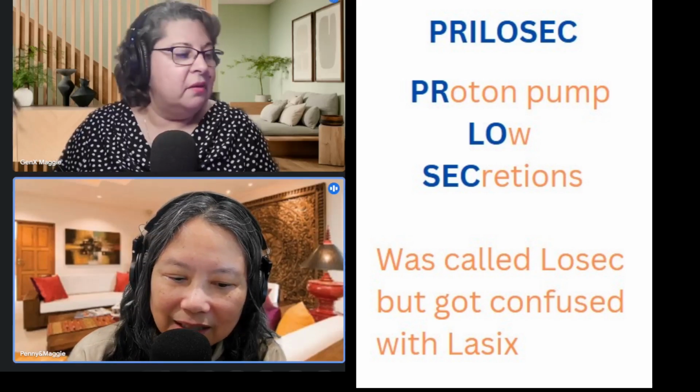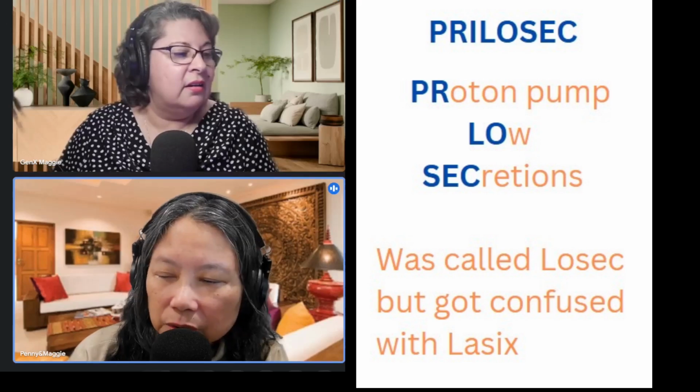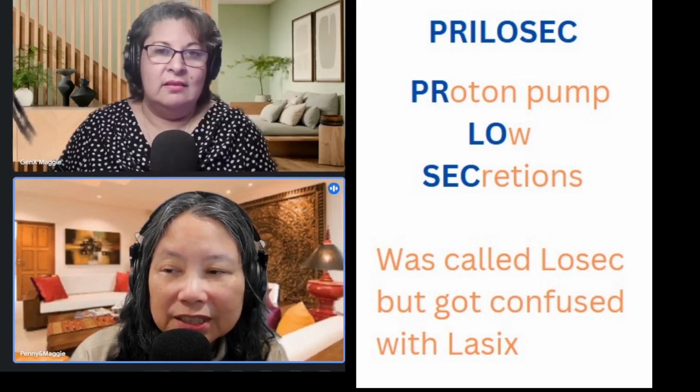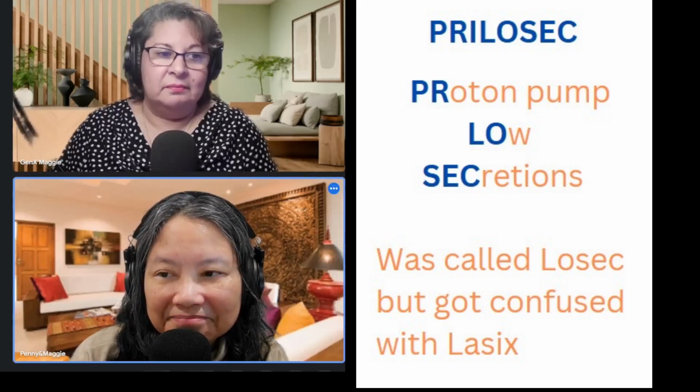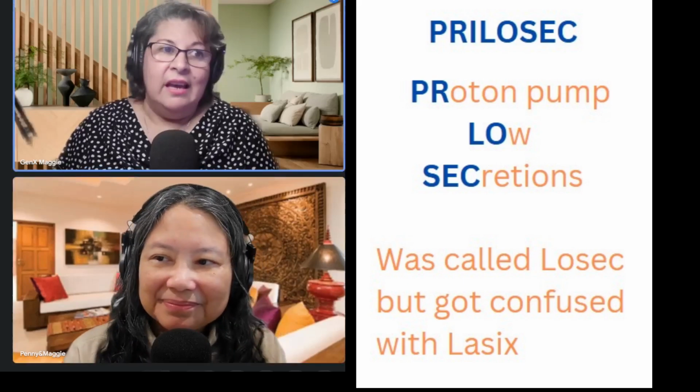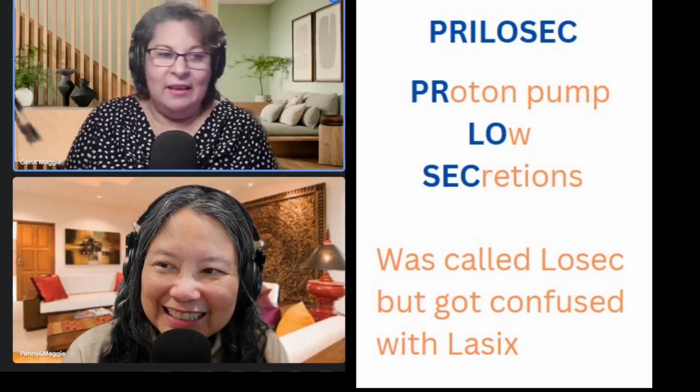It used to be called Losec a long time ago for these old timers, but it was confused with Lasix a lot, so they had to change the name to Prilosec. That was a problem. There were the same milligrams. It could be prescribed daily.